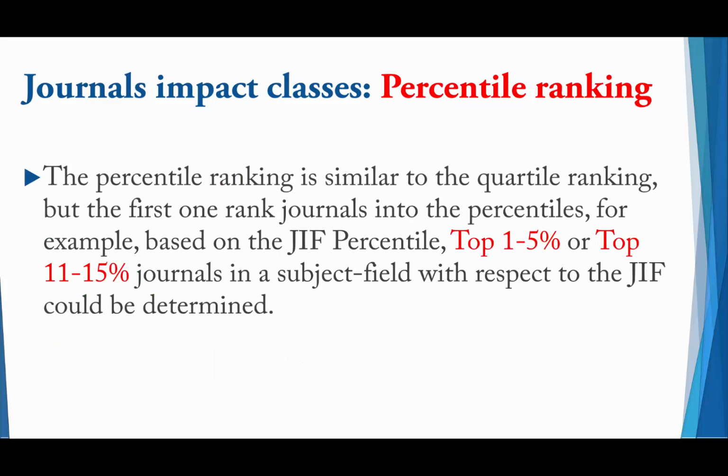The percentile ranking is similar to quartile ranking, except that in percentile ranking, journals are classified into percentiles like top 1%, top 1 to 5%, and top 11 to 15% journals.